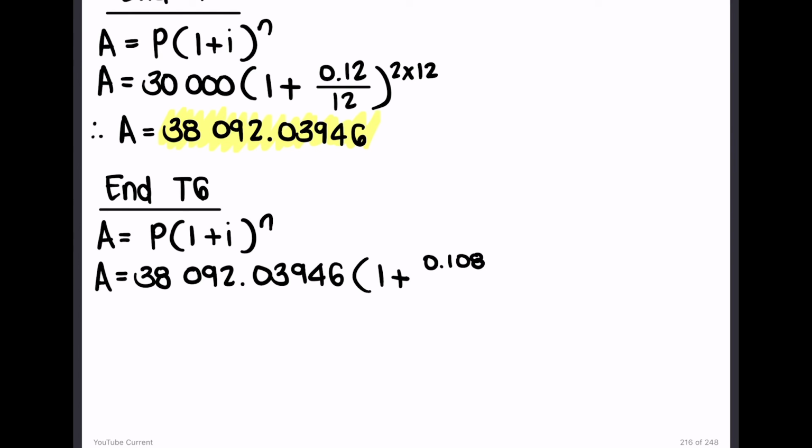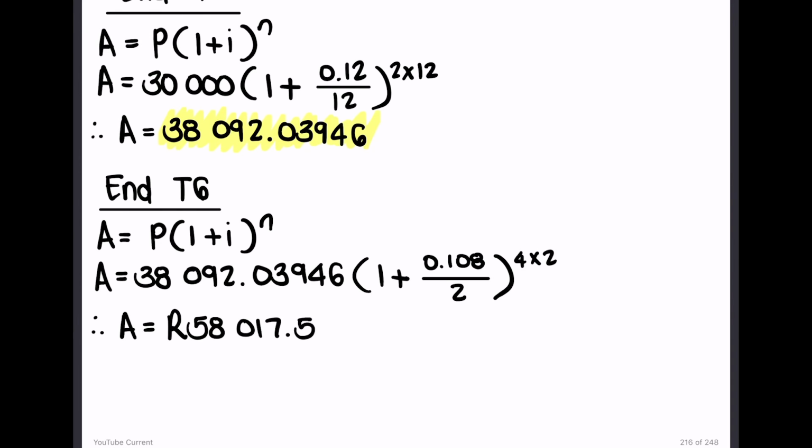It's compounded semi-annually, so I'm going to divide it by 2, and that's going to be raised to the power of 4 times 2. So therefore, the amount left in the account at the end of 6 years is 58,017 Rand and 51 cents.